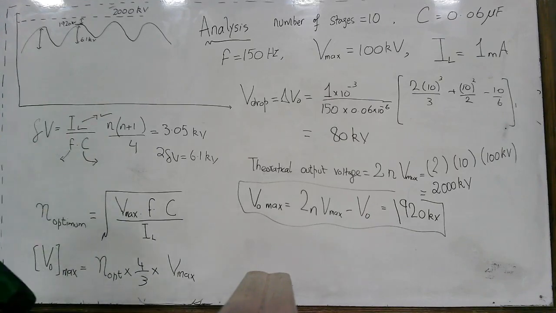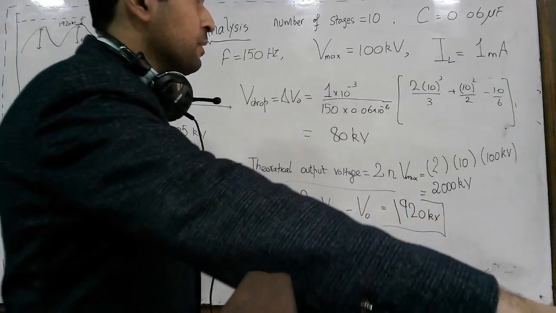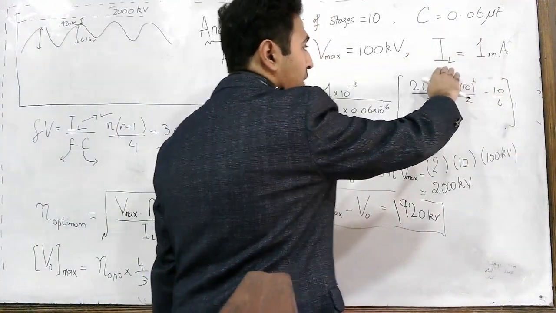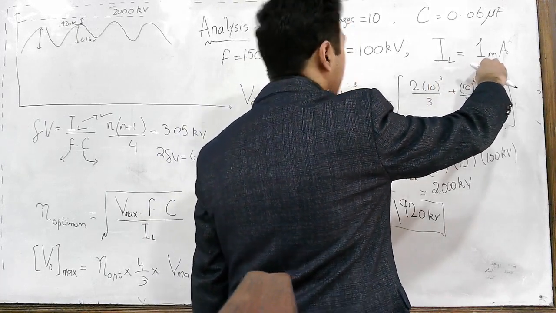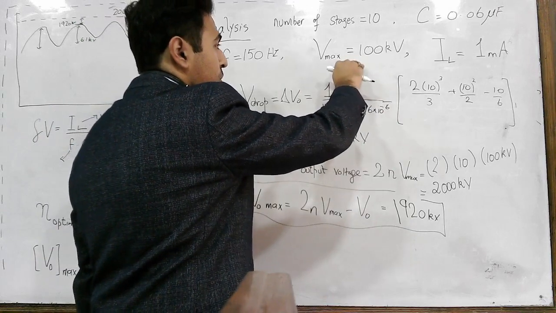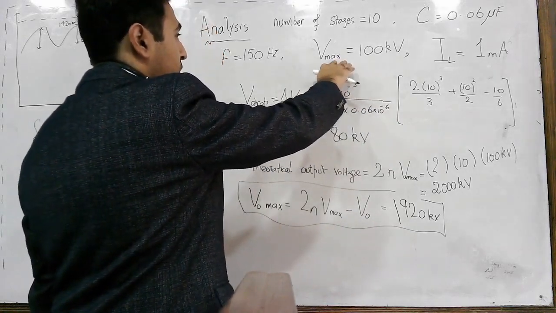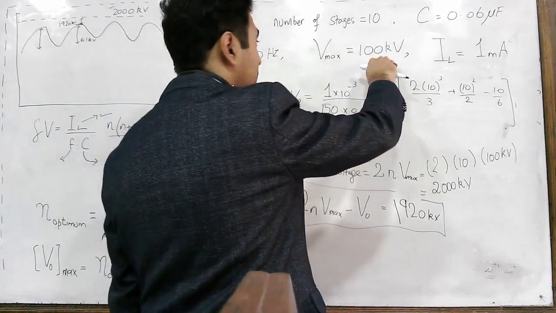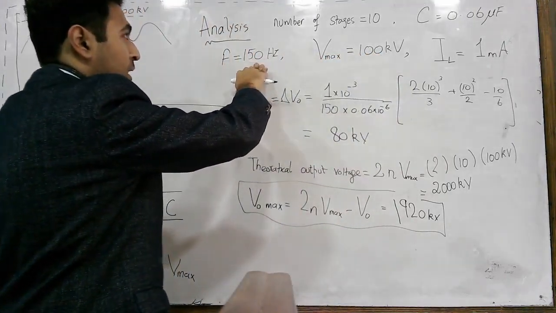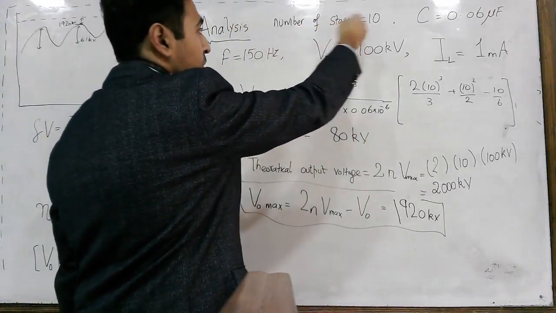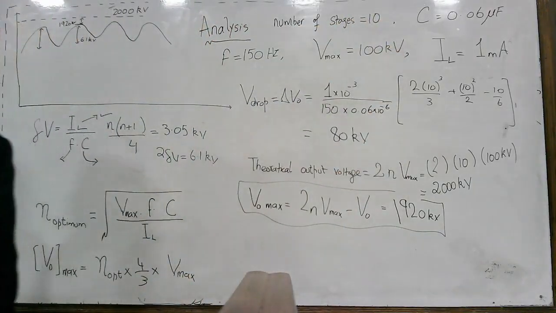Now next is another most important concept: how many stages can we go for? If you have this value of the capacitances, the load current of 1 milliampere, and the input power source having the peak of 100 kilovolt and frequency of 150 hertz, what is the maximum number of stages we can make?